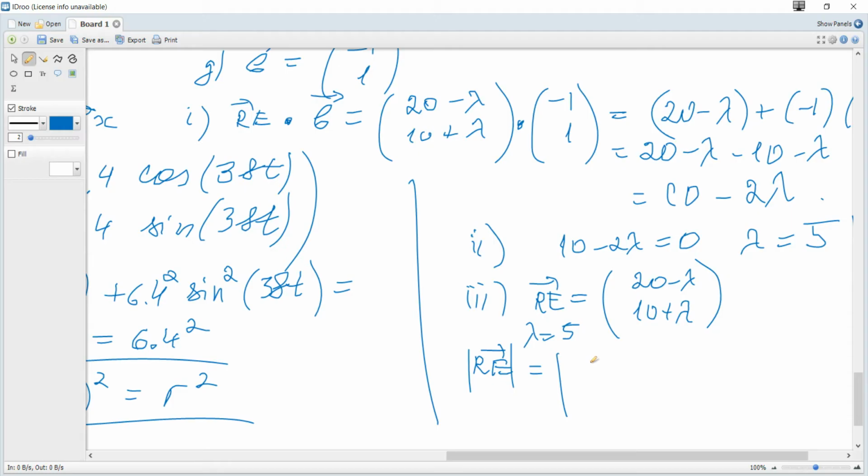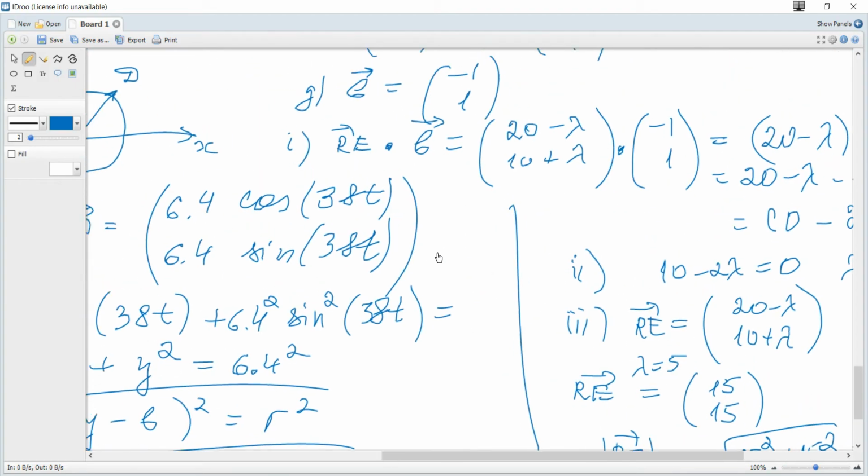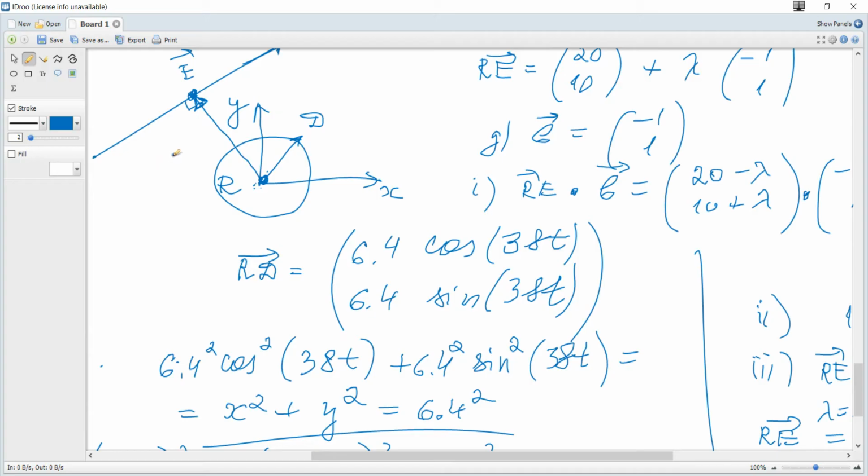Let's rewrite RE as a vector when lambda is 5, it becomes 15 and 15, and the length of this vector becomes square root of 15 squared plus 15 squared, which is 15 root 2, or 21.2 to 3 significant figures kilometers. So it's 21.2 kilometers.